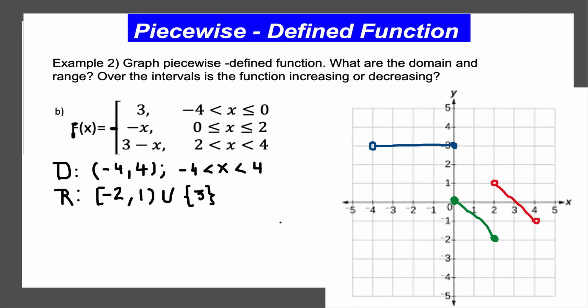So this function is just decreasing, and we would say that in the interval from 0, let's include 0, to 4, the function is just decreasing. We don't have any increase, and in the interval -4 to 0 it is a constant function. So we have already answered all of these questions.